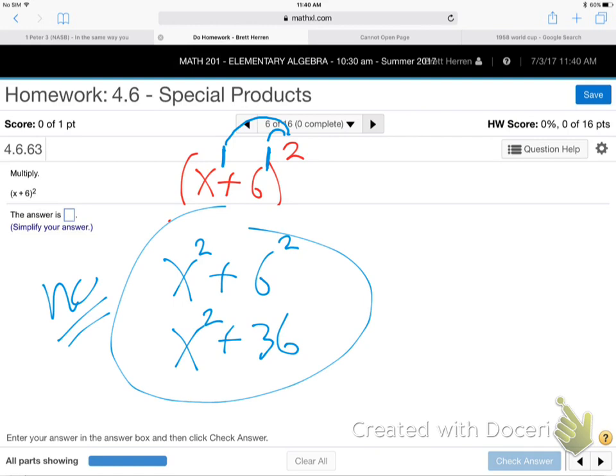Here's the one. Let me give you one from last Thursday, section 4.2.